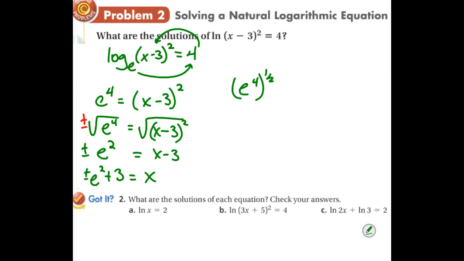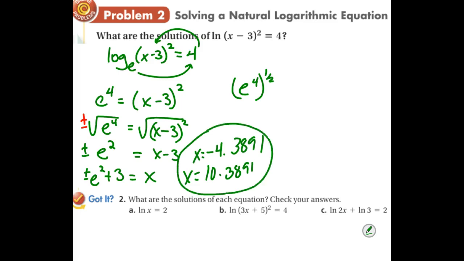What do we get if we add 3 to that? 10.3891? Okay, and then what is negative 7.3891 plus 3? 4 point. Okay, so those are my two possible x values.